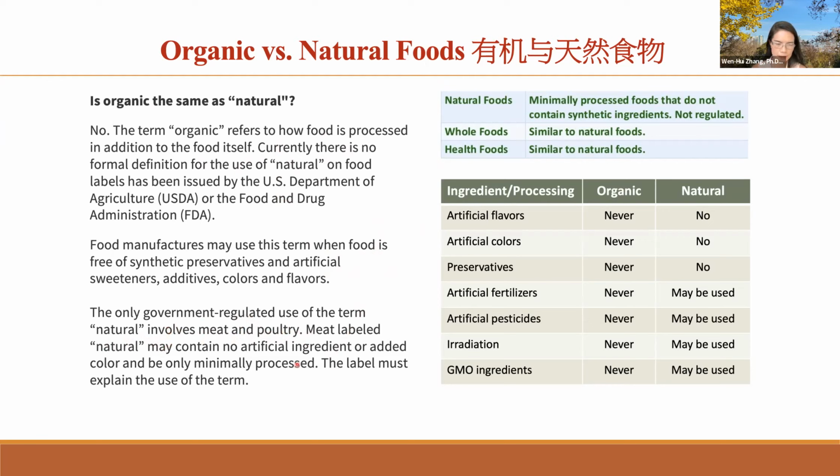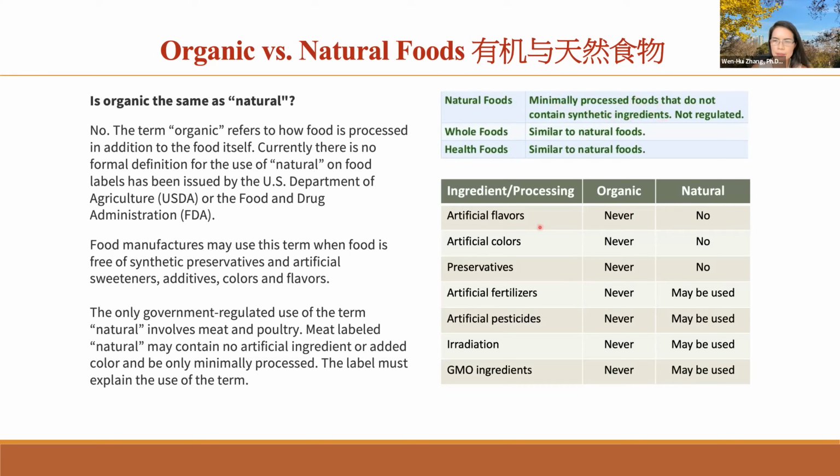But you don't see many natural meat or poultry products, also very rarely. So natural foods are minimally processed foods, meaning they don't have much processing and do not contain synthetic ingredients.